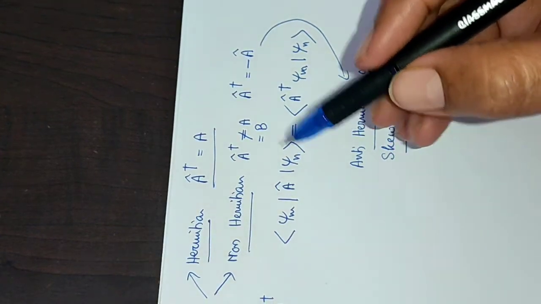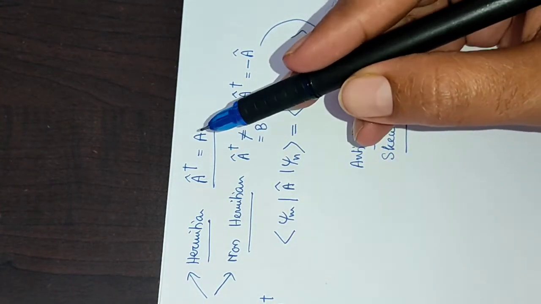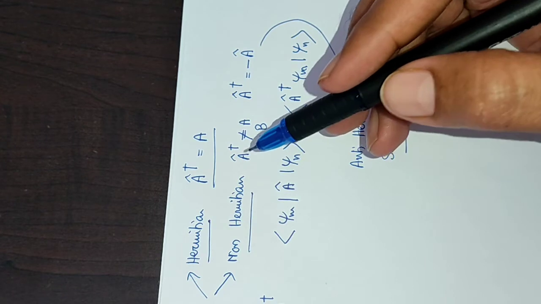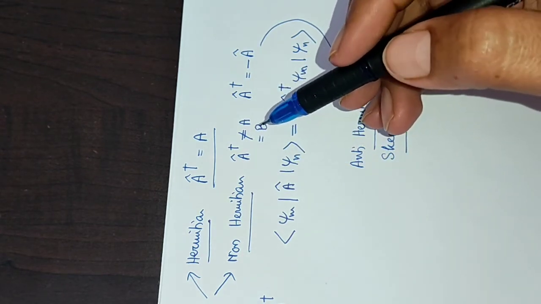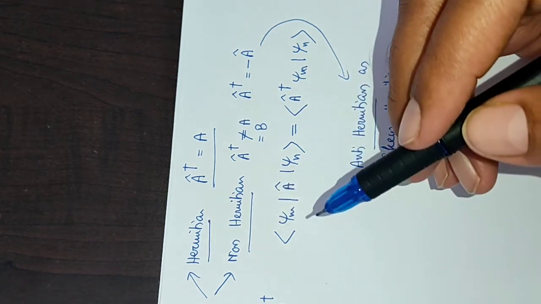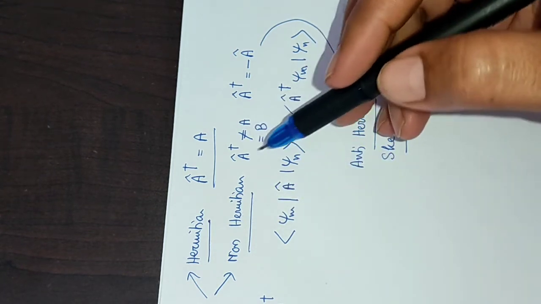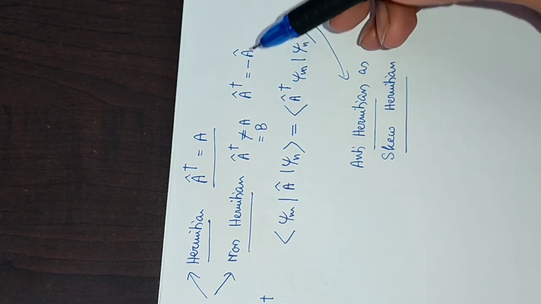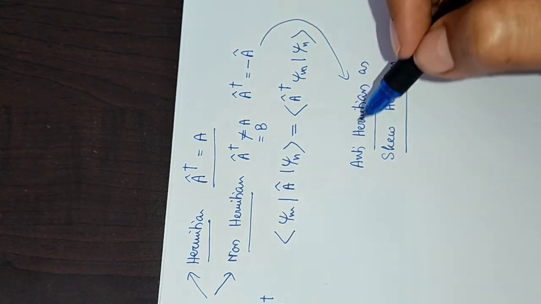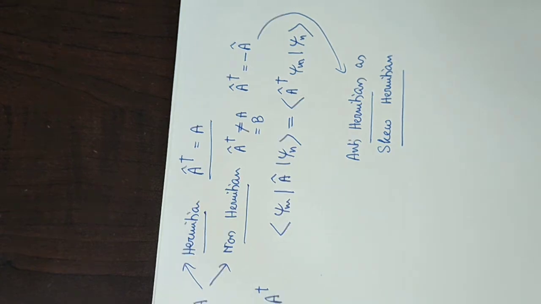So if A† equal to A, then it is Hermitian. If A† is not equal to A and it's equal to a different operator B, it is non-Hermitian. And among the non-Hermitian operators, those which give the negative of the same operator are called anti-Hermitian or skew-Hermitian.